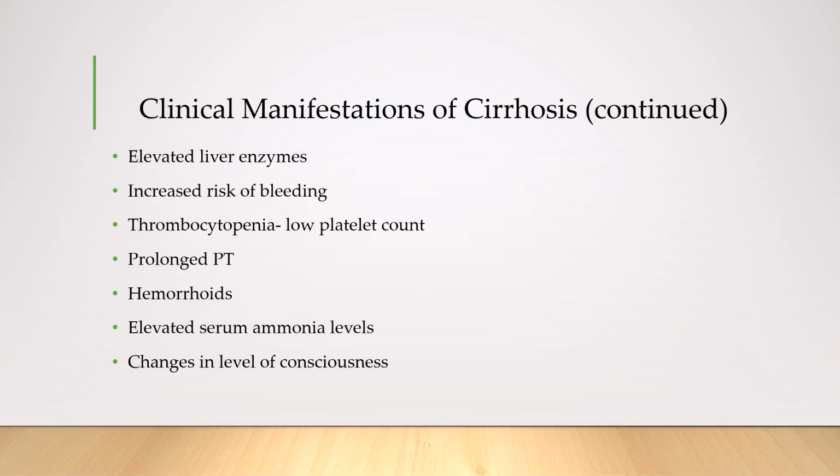Other clinical manifestations include elevated liver enzymes, an increased risk of bleeding, thrombocytopenia, again, that is a low platelet count, a prolonged PT, prothrombin time, hemorrhoids, elevated serum ammonia levels, a change in the level of consciousness.